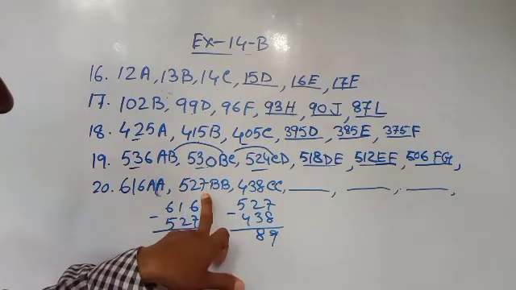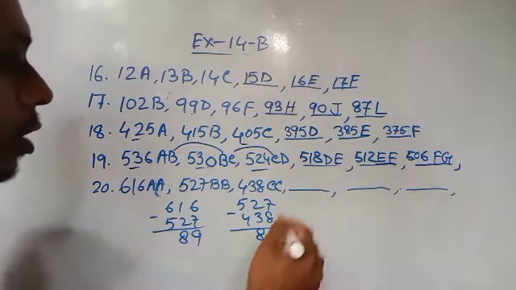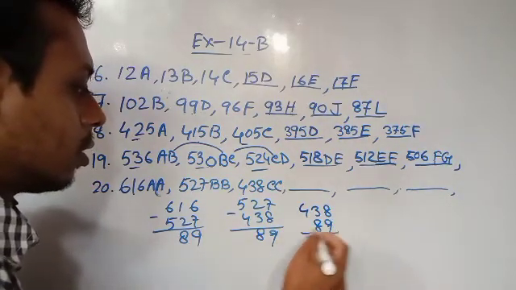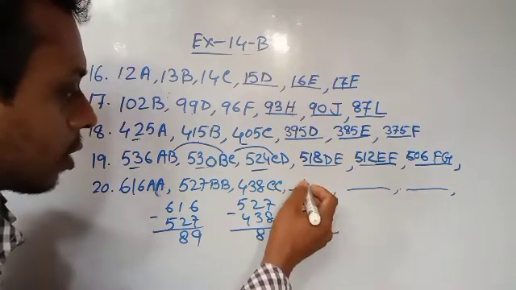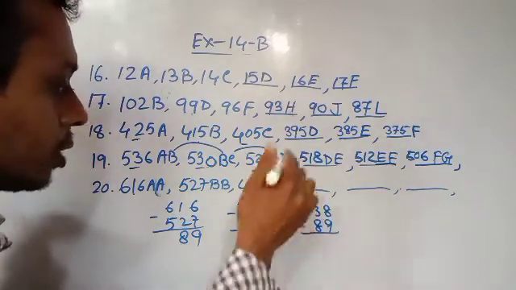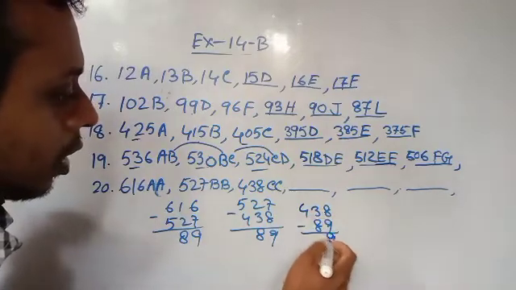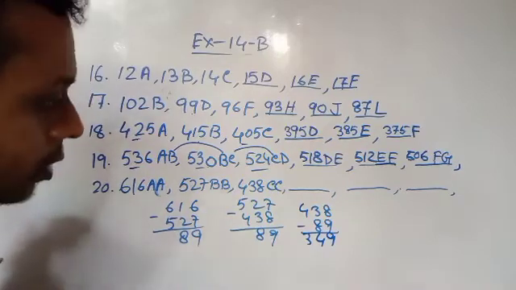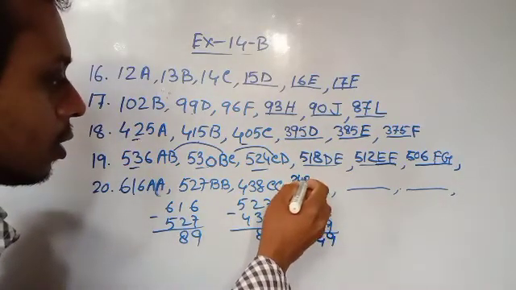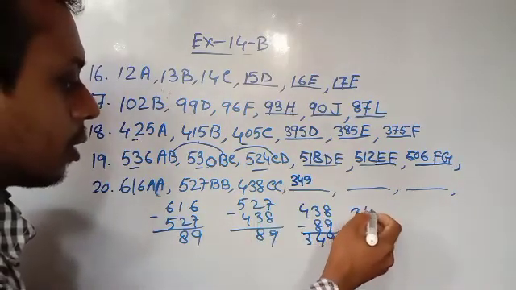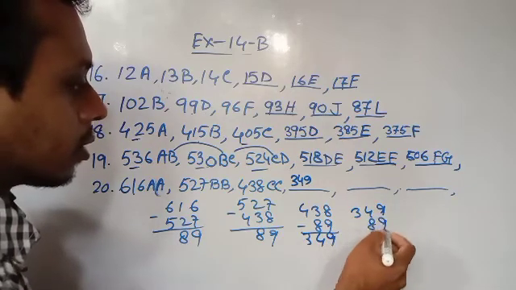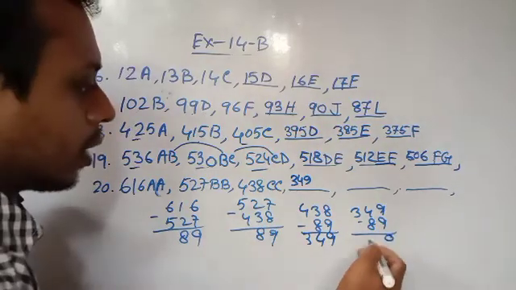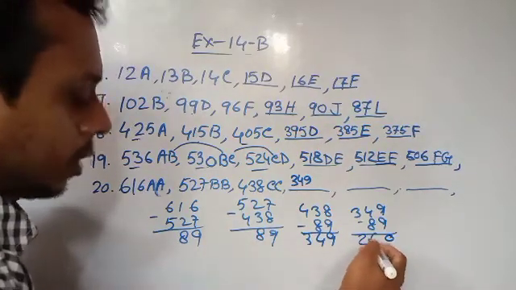From the second one, again if you subtract 89, you will get the third one. So 438 minus 89, you will get the number to write in the first blank. 349. Then 349 minus 89, you will get 260.